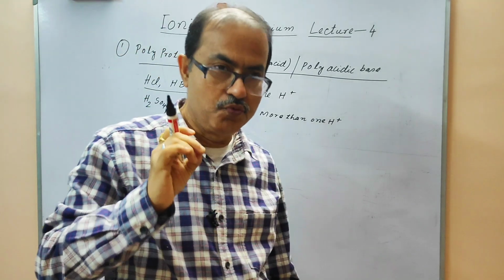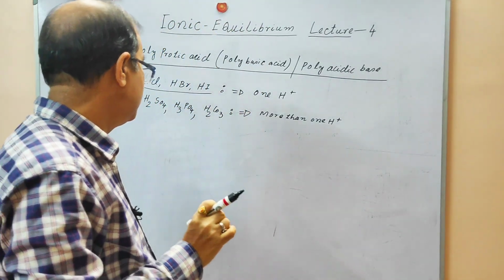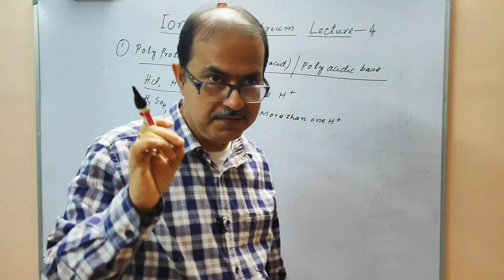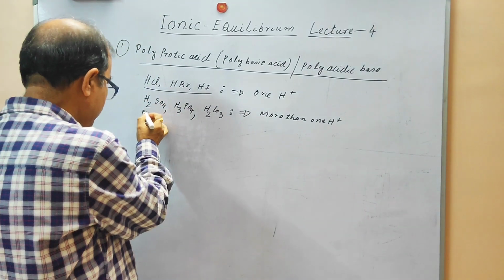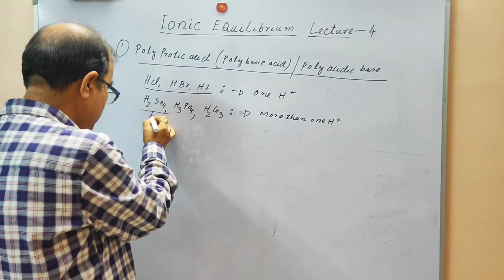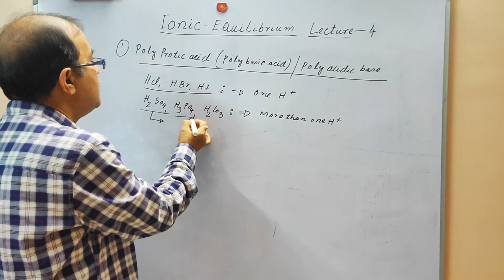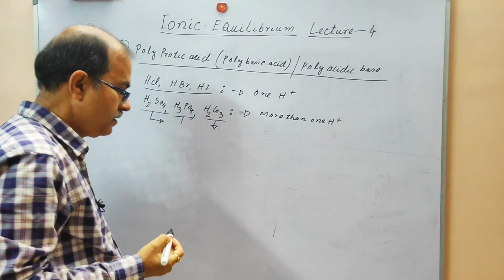It can give 2 protons, it can give 3 protons, and accordingly it will be named. Diprotic acid, if it is able to give 2 hydrogen ions. This is a diprotic, this is triprotic, and this is also a diprotic acid.